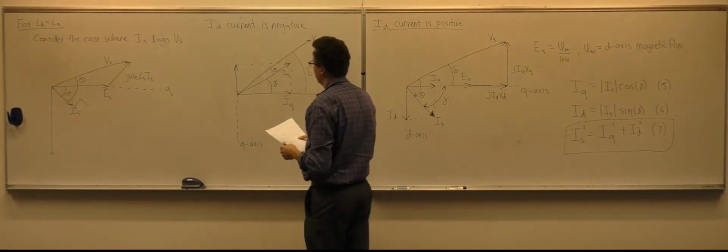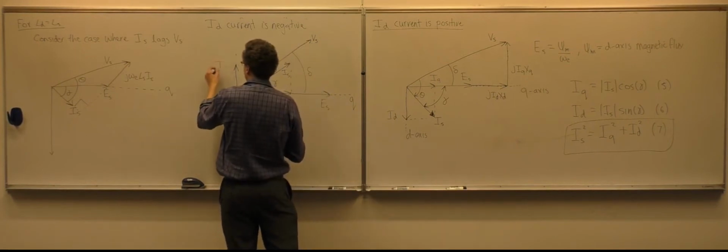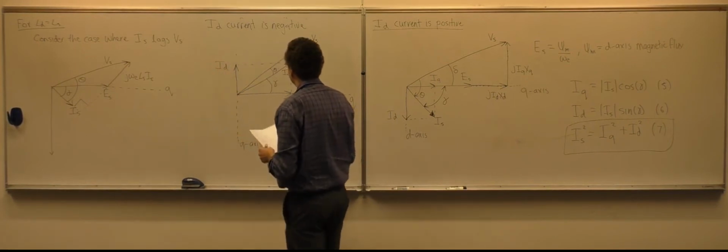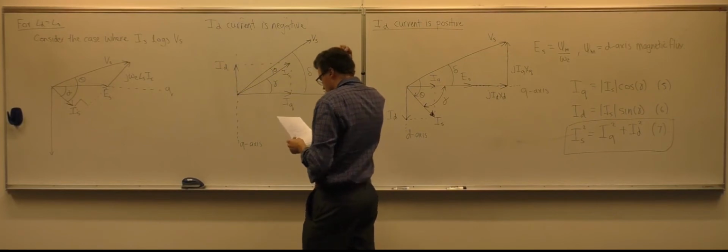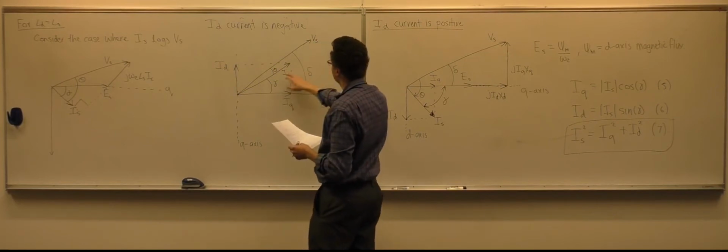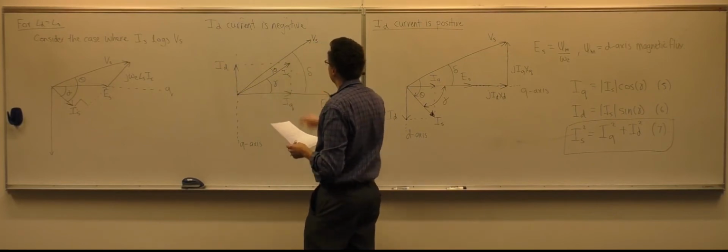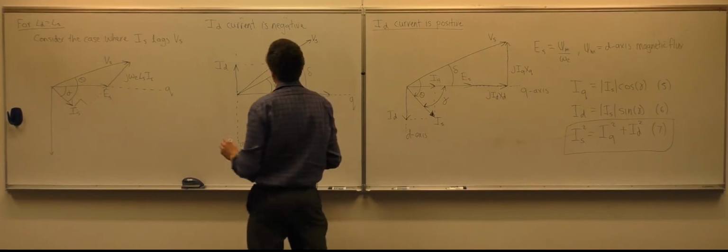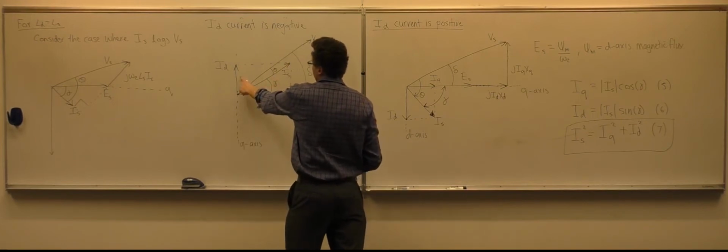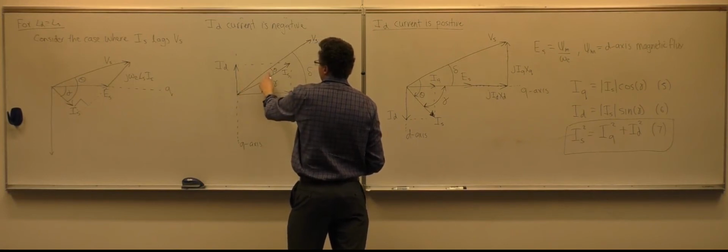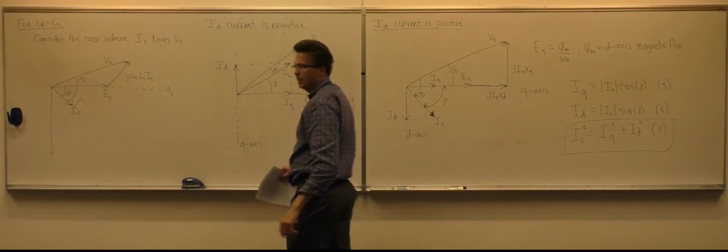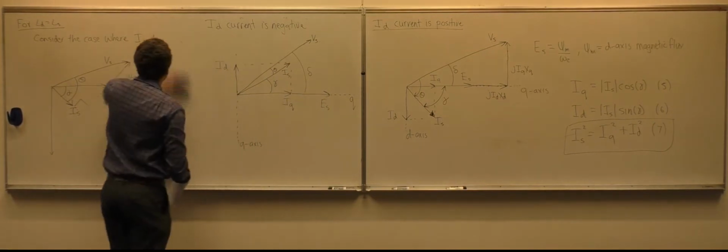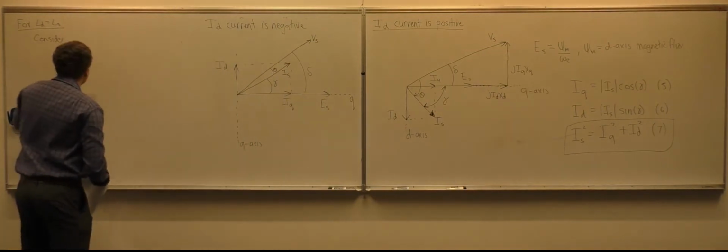So this is ID. If you look at this now, the power factor is the difference between the currents. So by changing the direction of the d-axis current, we could shift the power factor. It does more than that, though.